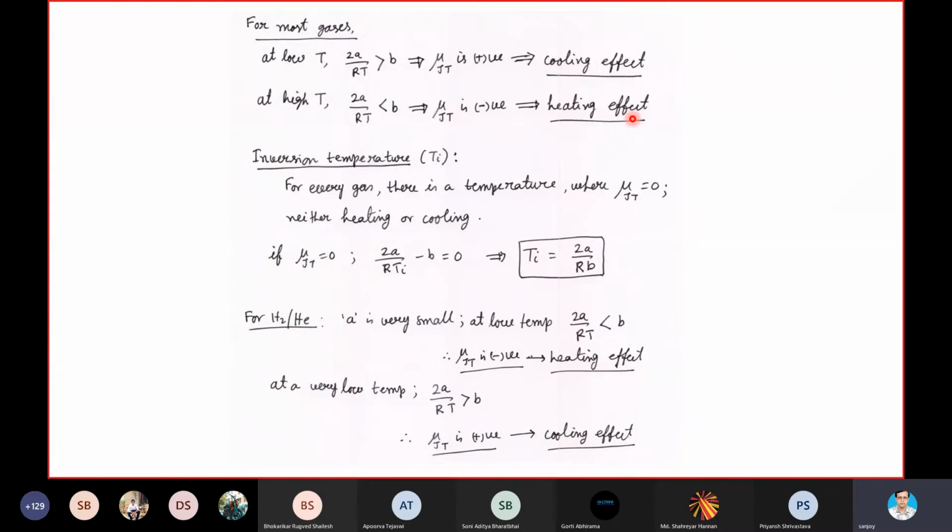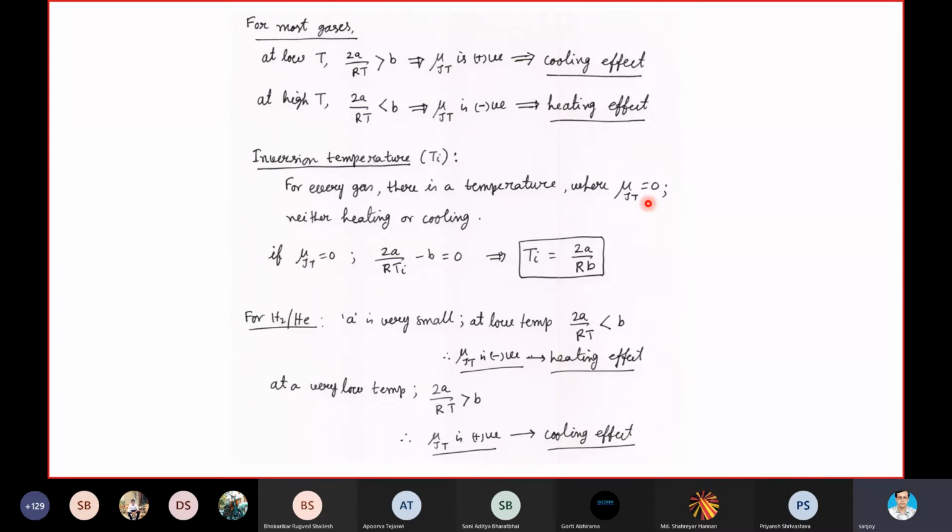That means there must be a temperature where an inversion is happening. Cooling becomes heating suddenly. So there must be a temperature where there will be no effect, and μ_JT will become 0, because μ_JT is positive when there is a cooling effect, then decreases as temperature increases. The positive value will come down, become 0, and then become negative. When μ_JT becomes 0, that temperature we call the inversion temperature.